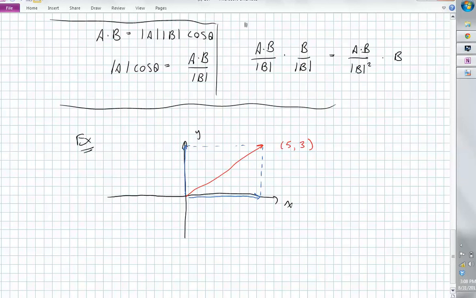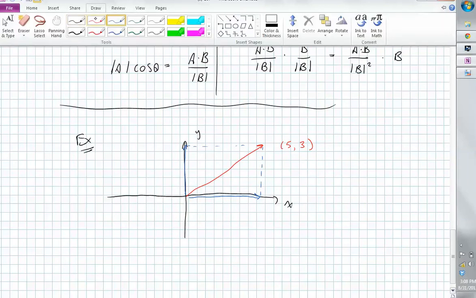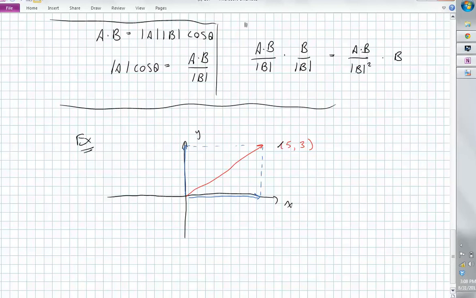This vector, the original vector, the component of the vector in the x direction is really the projection of this guy onto this guy. So we can use this formula. Let's let this be our vector A. We need a vector in the horizontal direction.